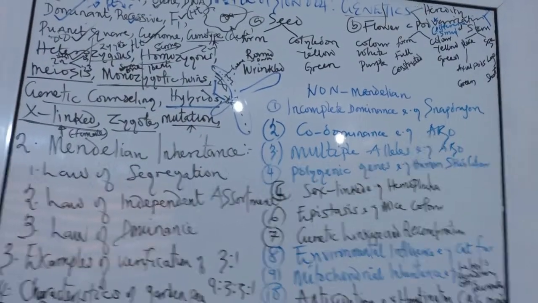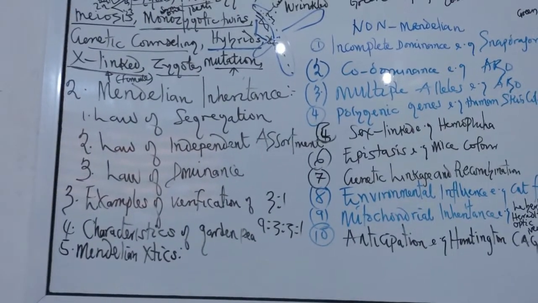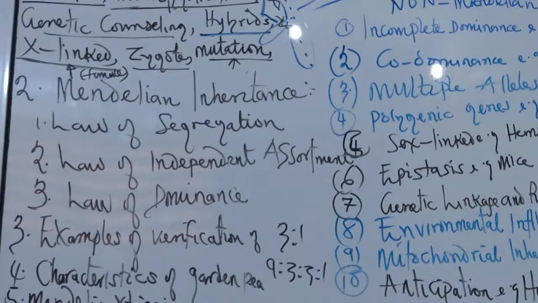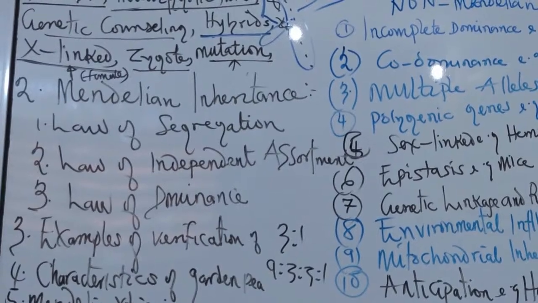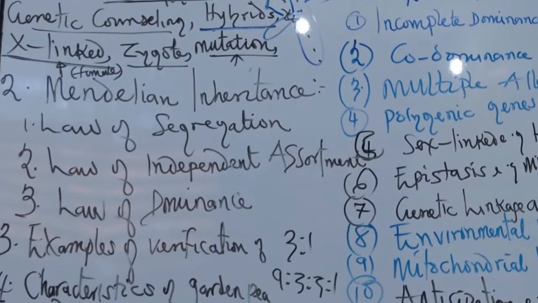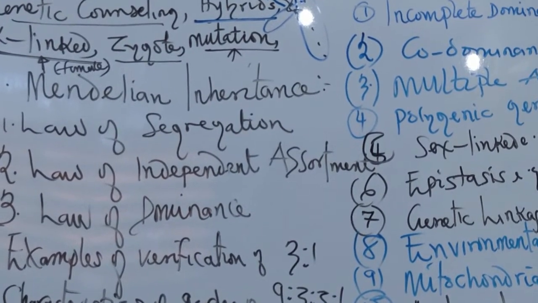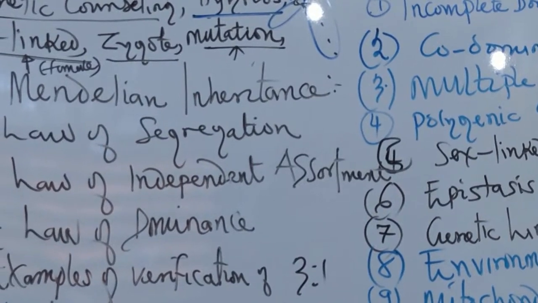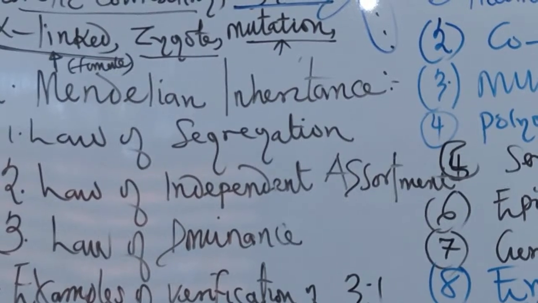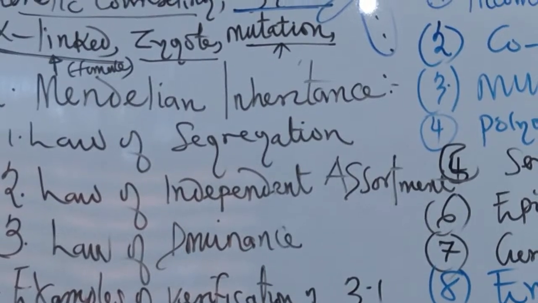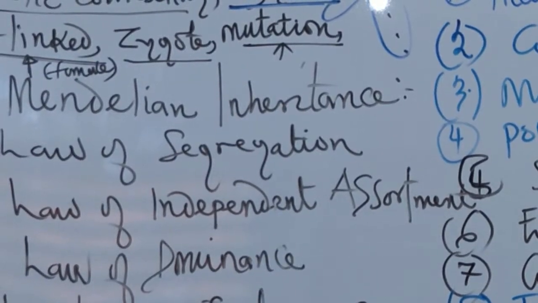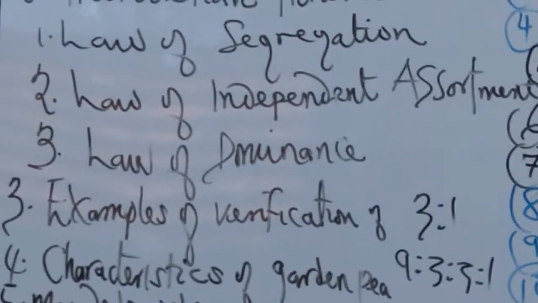I told you that the law of dominance, according to Mendel, is that one of the traits is going to overshadow the expression of the other allele, so you have one as a dominant and the second serves as a recessive. These are the summary of Mendel's three laws: the law of segregation, or law of germinal unit, the law of independent assortment, and the law of dominance.